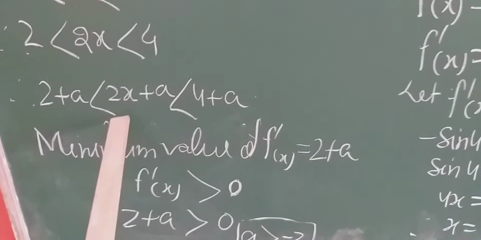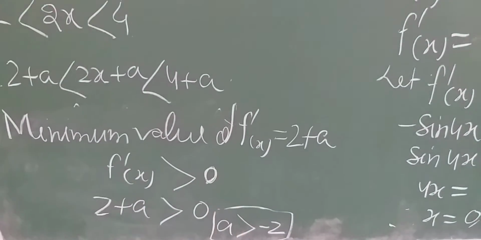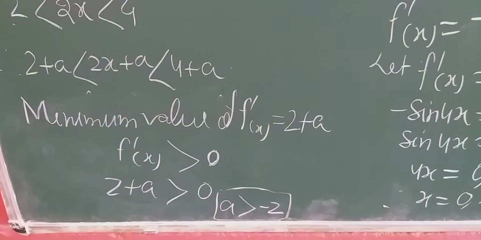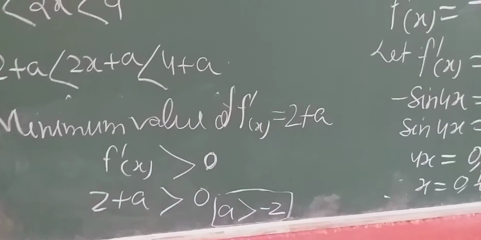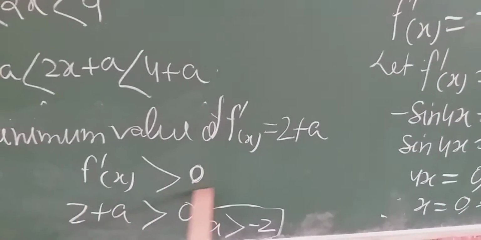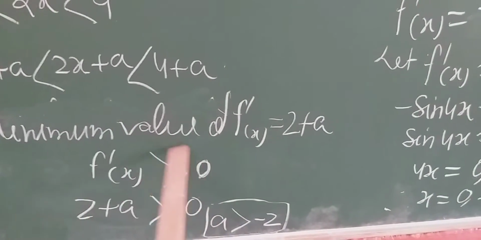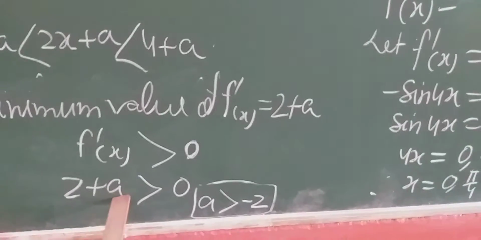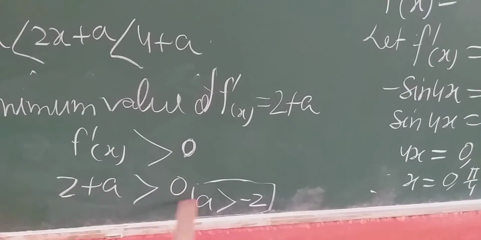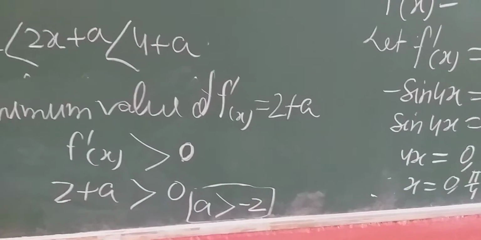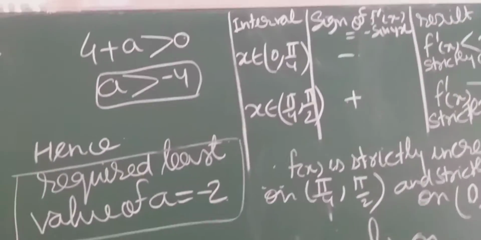Okay. Now student, f dash x should be greater than or equal to 0, because this is the condition of increasing. So 2 plus a greater than 0, a greater than minus 2. Now the second value, 4 plus a, of f dash x.